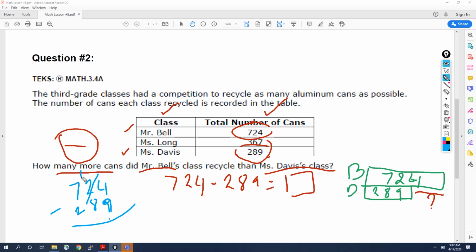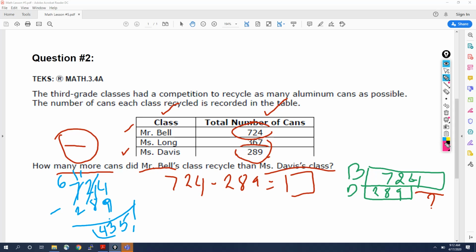This 2 becomes a 1. This becomes 14. 14 take away 9 will be 5. 1 cannot take away 8, so I regroup. This becomes 6, and this 11. 11 take away 8 will be 3. And then 6 take away 2 will be 4. So that's what we find.